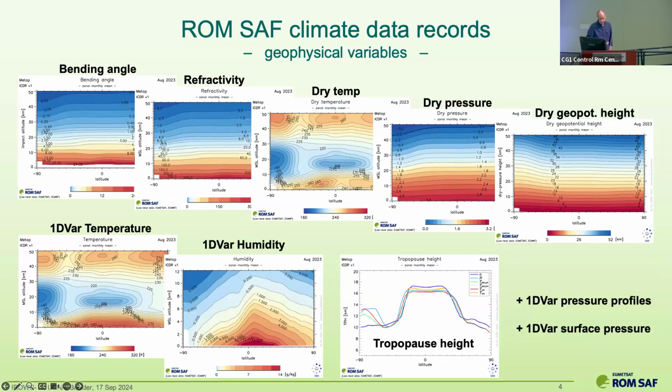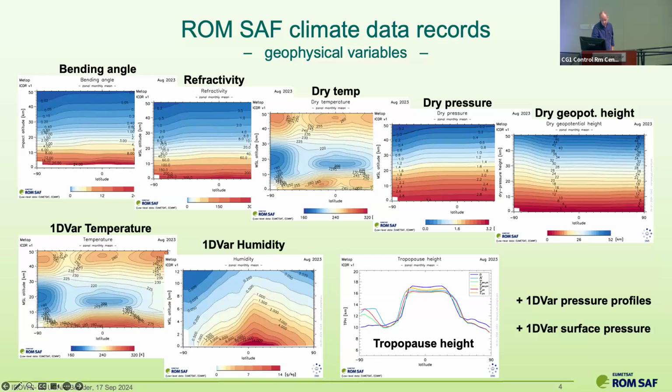The variables are the standard variables: bending angle, reflectivity, dry variables, temperature, pressure, and geopotential heights on dry pressure levels. We also have a set of 1D variables, temperature and humidity.